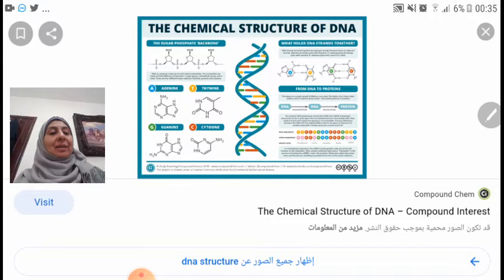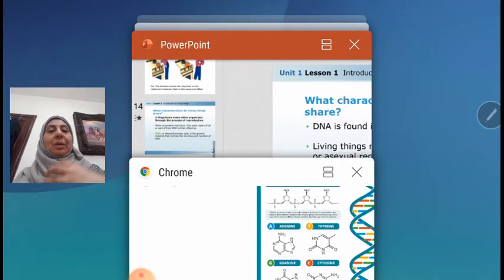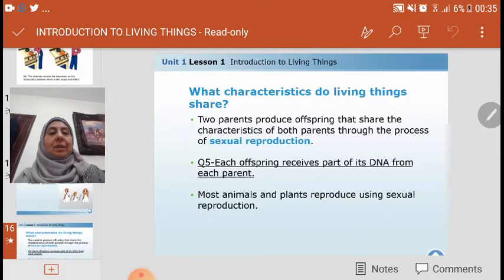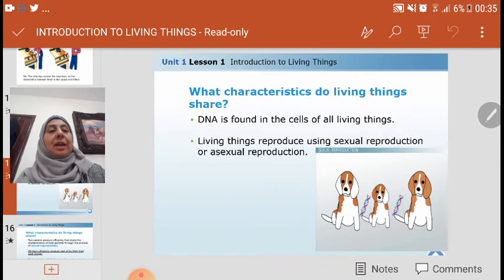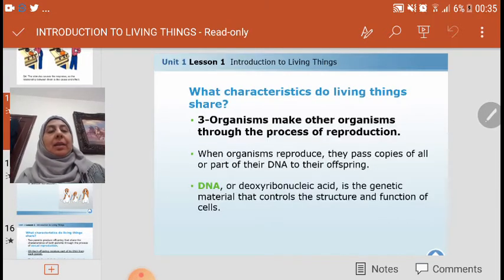So it exists mostly inside the nucleus in our cells.